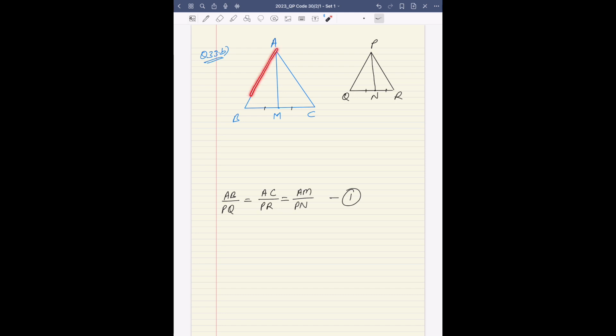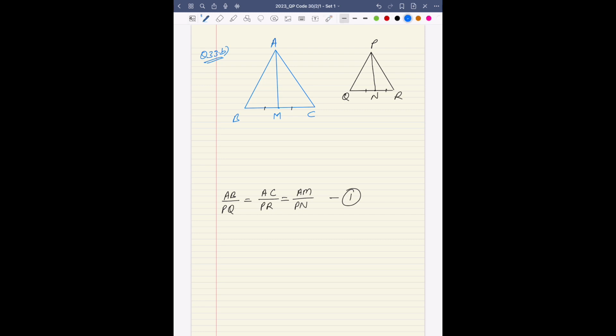How? One side is already proportional. The other side is already proportional. We just need to prove that angle BAC and angle QPR are equal, because by SAS similarity these two sides should be in proportion and the included angle should be equal.